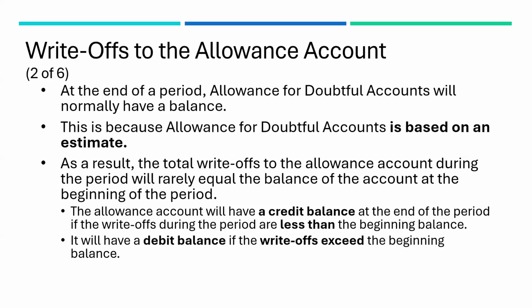The allowance usually has a credit balance. And so we estimated $30,000 is not going to be paid back, and then we only had to write off $20,000 during the year. At the end of the year, it's still going to have a $10,000 credit balance. But if $40,000 was written off, then we'd have a $10,000 debit balance.